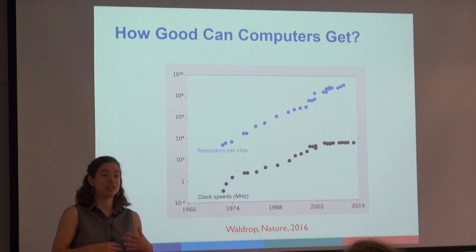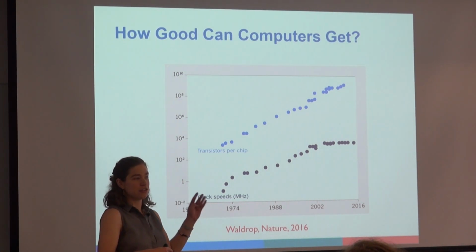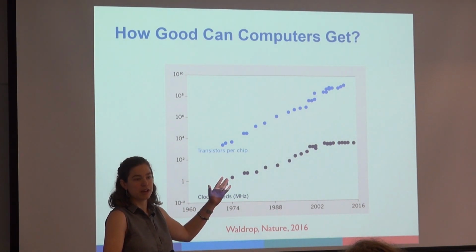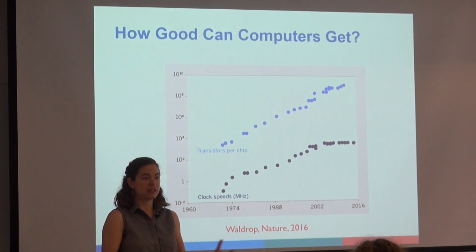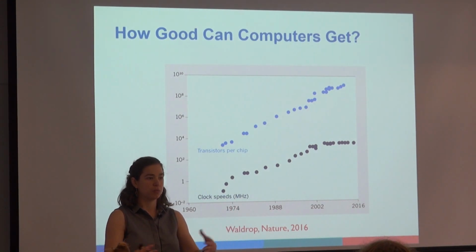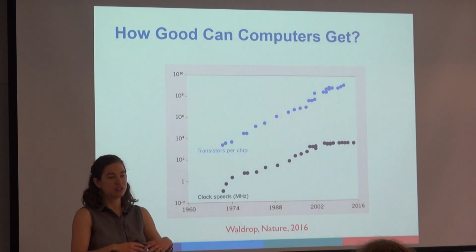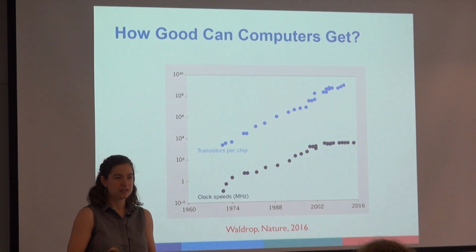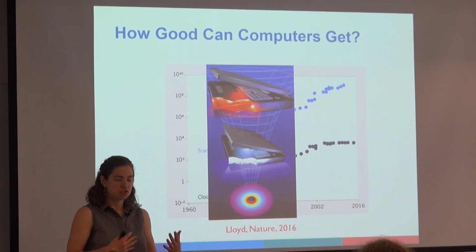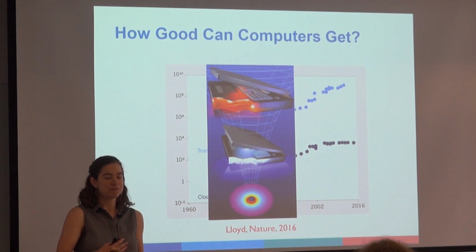But actually there's even another physical principle that tells you that this exponential growth cannot go on forever. If we wanted to have computers that were the same size as they are today, but had more and more calculating power, we'd have to cram so much information into such a small space that the computer would turn into a black hole, literally.